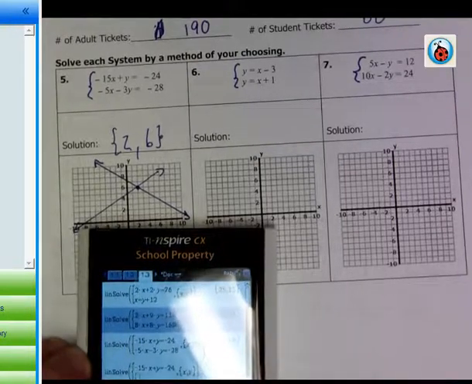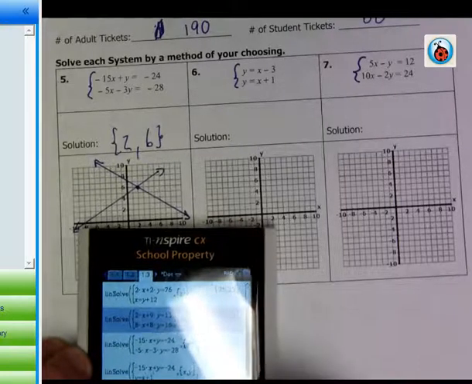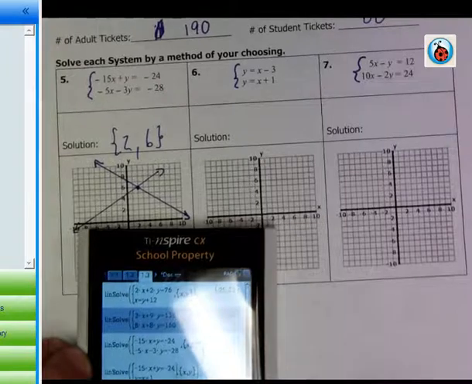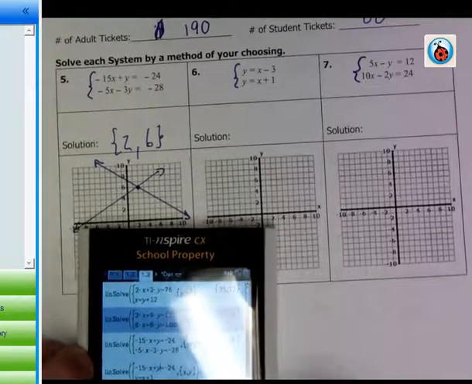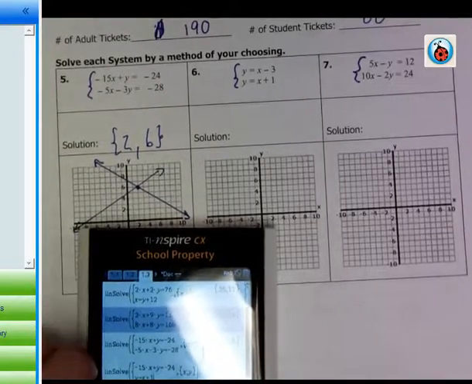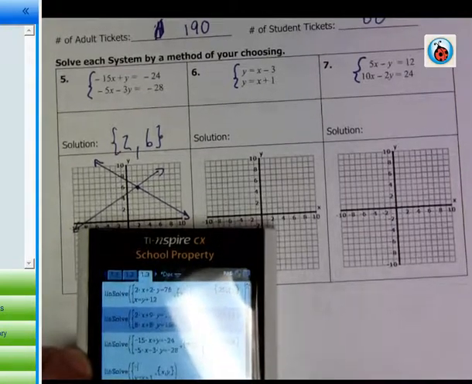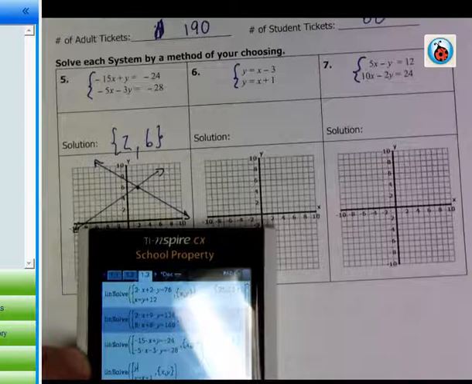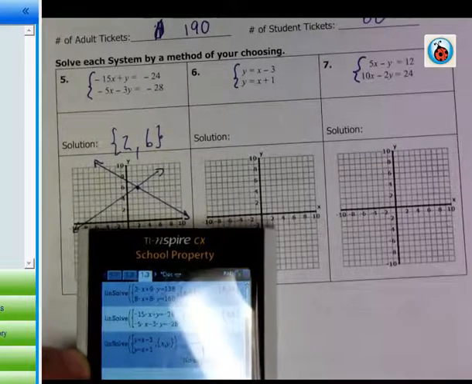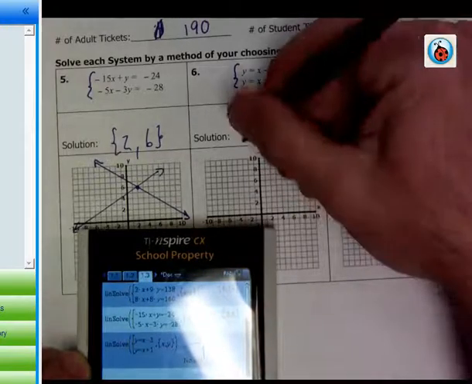So I got y equals x plus 1. And I can see their slope is the same, and you should know what that means if slopes are the same. That means they are going to be parallel. So there's no solution for this one.